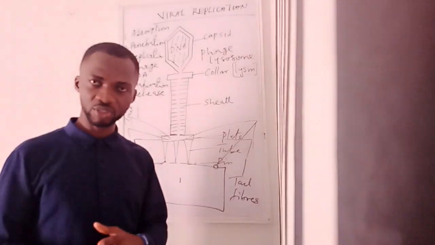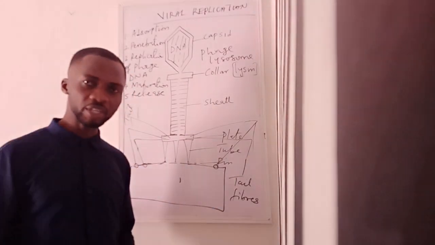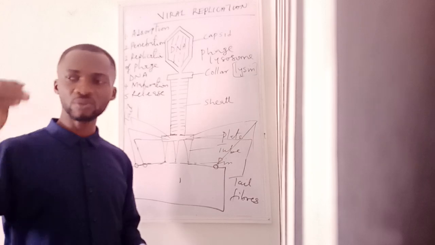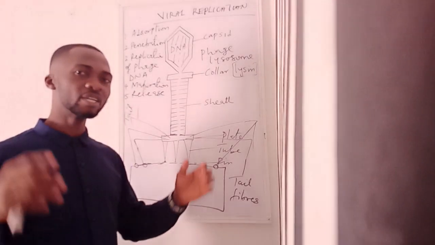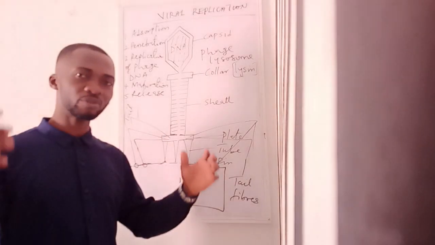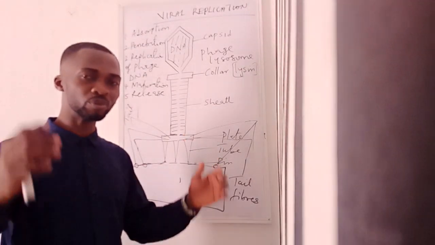Replication requires energy, and viruses do not have the energy currency of the cell, which is called ATP, or adenosine triphosphate. They are devoid of any mechanism for generation of energy. They do not have the mitochondrion, and ATP is not produced in viruses.